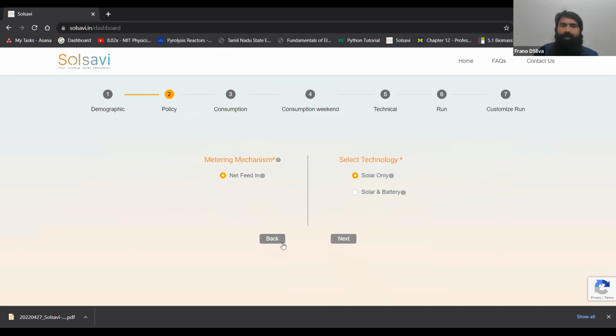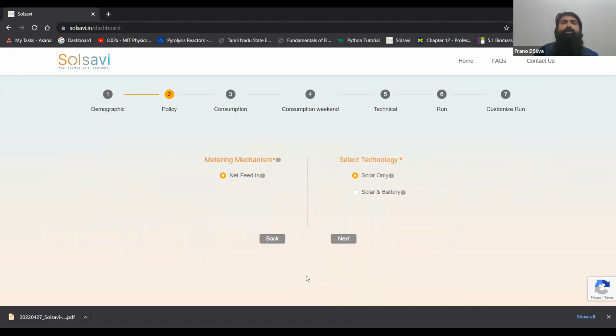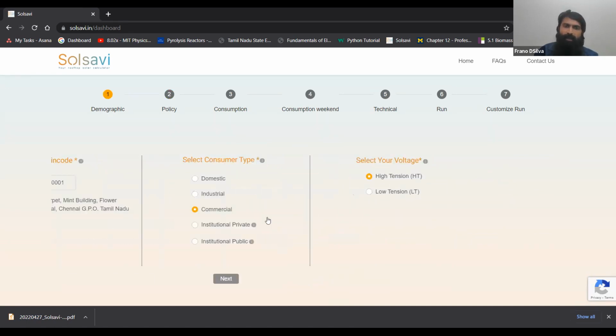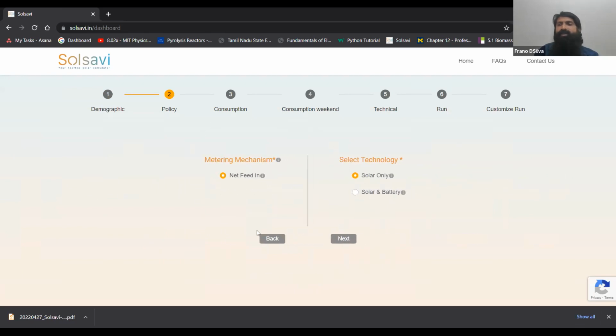For example, if in Tamil Nadu, if I select commercial and I select an HT voltage category, I would have an additional option of using gross metering. While for this scenario, as we have taken an LT category, we have only net feed-in as our applicable metering mechanism. And further, as for this scenario, we select a solar only case, we select the solar only option here. I hope this solves your question or query.